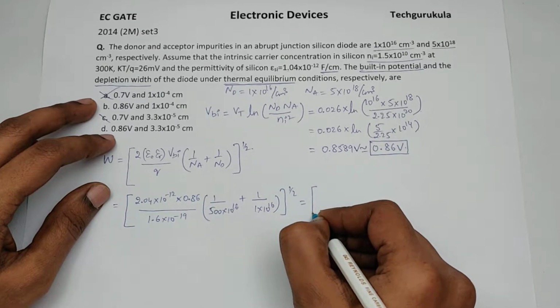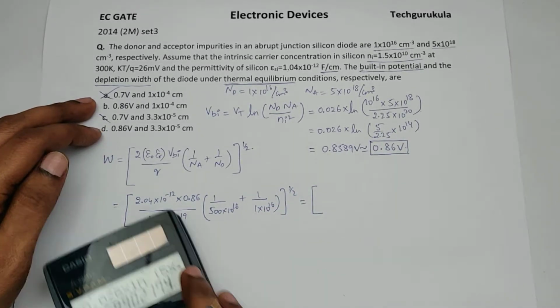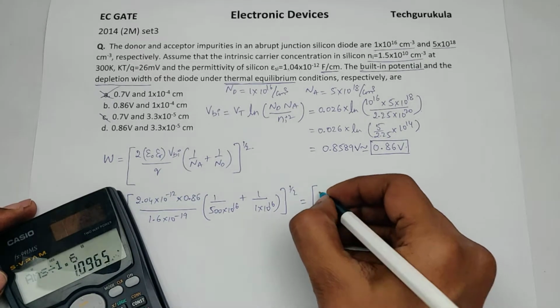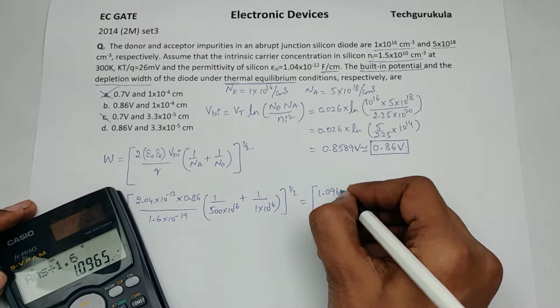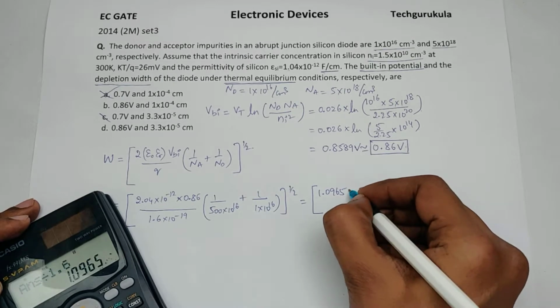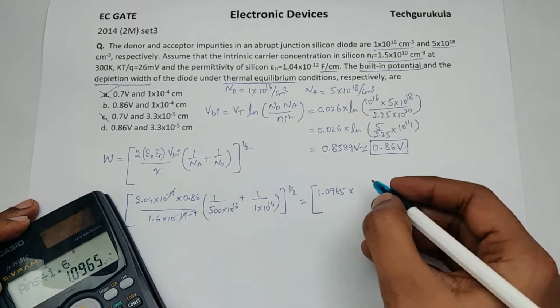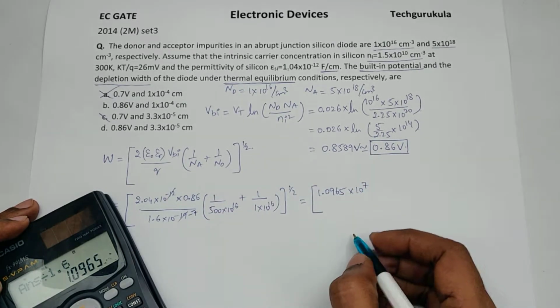Let me reduce this and write. So this is 2.04 times 0.86 divided by 1.6, which is 1.0965 times 10 power minus 12 divided by 10 power minus 19, which becomes 10 power 7 in the numerator.